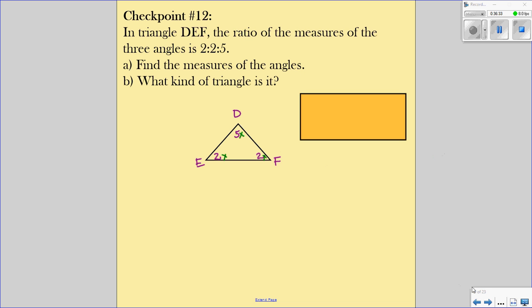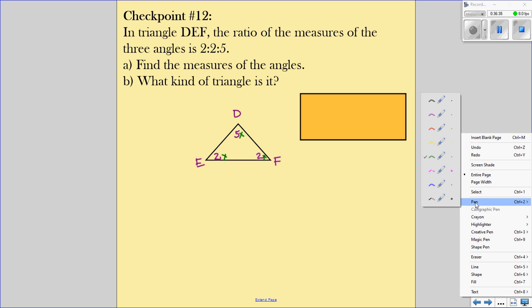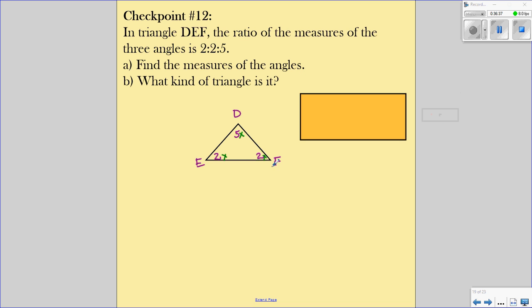Alright, so now, before we even set it up, we know that a triangle has how many degrees? There's 180 degrees for a triangle. So that means we can add up all the angles. There's 3 angles in a triangle and they add up to 180.